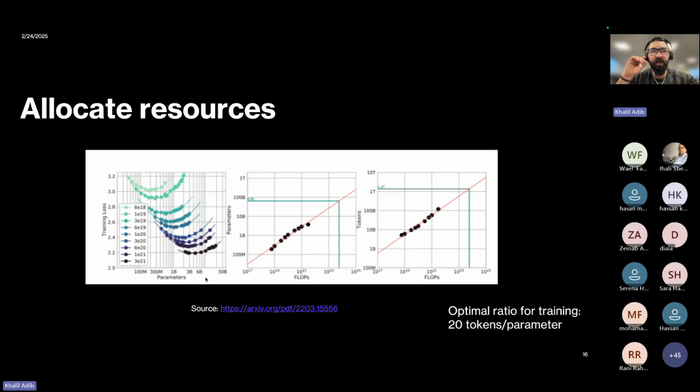However, they came up with the conclusion that the optimal ratio for training is 20 tokens per parameter. So for every 20 tokens, you have to consider one parameter in the model, if that makes sense. You can see in the middle the number of tokens.